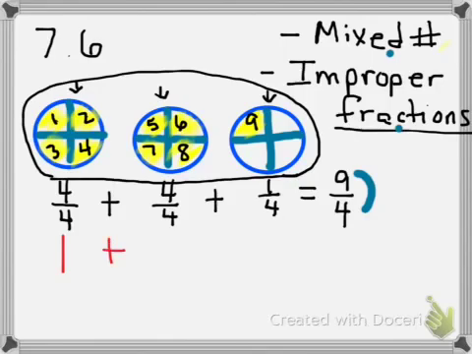Then 4 fourths again is 1 whole, because that's 1 whole circle colored. So 1 plus 1 means that there's 2 whole circles colored. Then I have this little guy left over who is my fraction. That means there's 1 fourth. So 9 fourths is the same as 2 and 1 fourth.